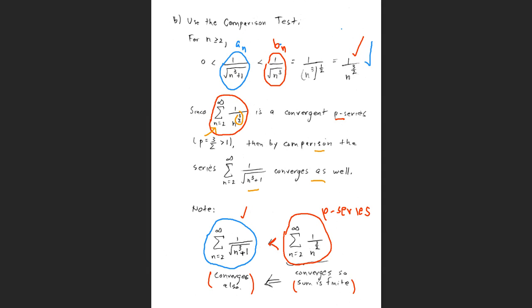So when you have a larger series, again, this is when you have series that have all positive terms. When you have a larger series that converges, and you know that series is larger than the series you're interested in, then your series has to converge also.